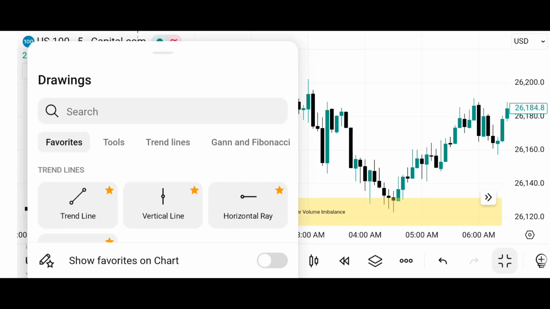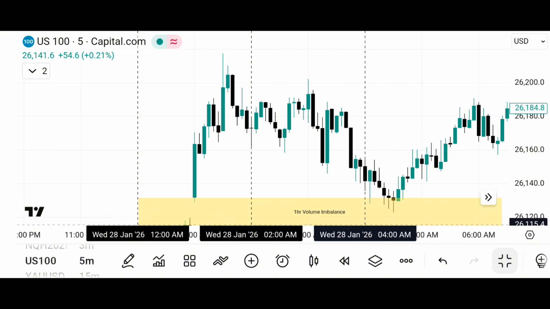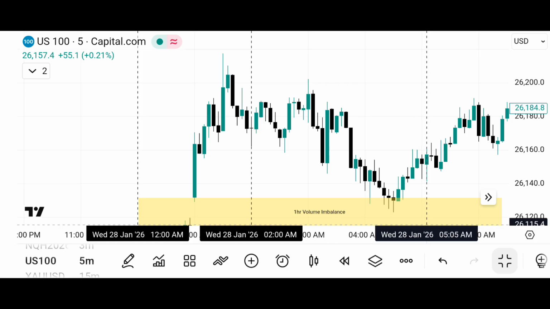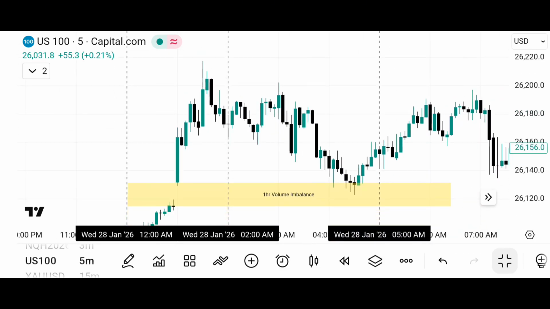Let me mark out the London session key zone. So the London session key zone is actually 2 a.m. to 5 a.m. Okay, so this is actually the London session key zone.